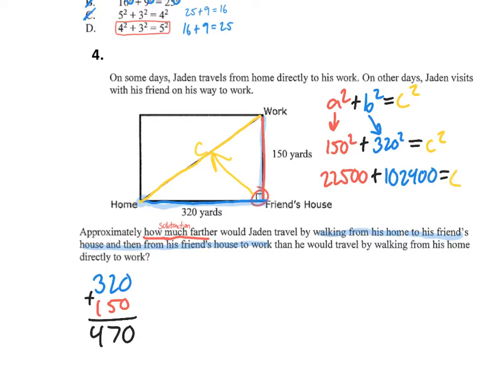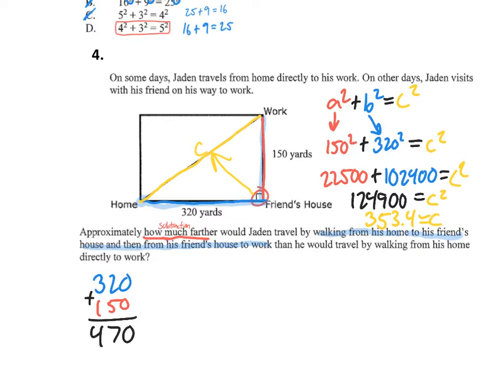So now I have to add these two values. I'm going to add my 22,500 to that other big honking number, and I get 124,900, and that is my C squared. So I still have to take the square root of that answer. And I get approximately 353, and we'll call it 0.4 for right now.